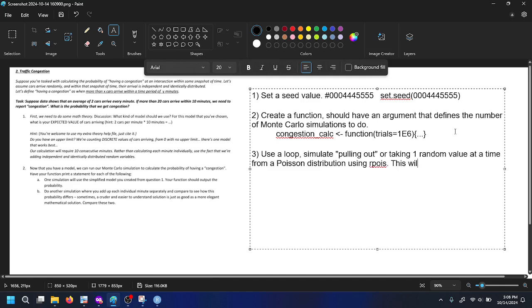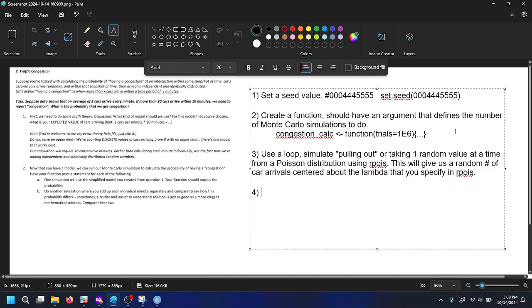This will give us a random number of car arrivals centered about the lambda that you specify in rpois. Okay, so that's the third step.